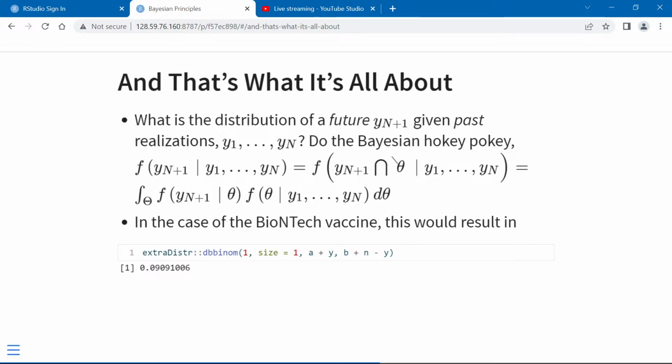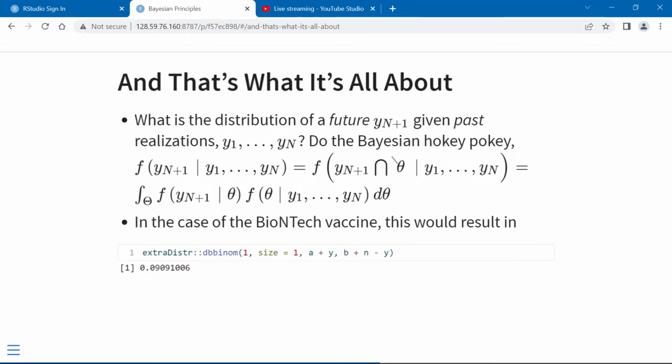So in writing this as the conditional PDF of future outcome given theta times the posterior PDF of theta given past outcomes and the priors and all that too, and then integrating out theta to leave a PDF for the future given the past.